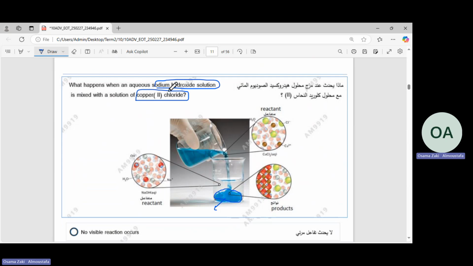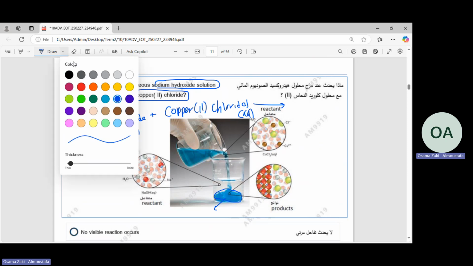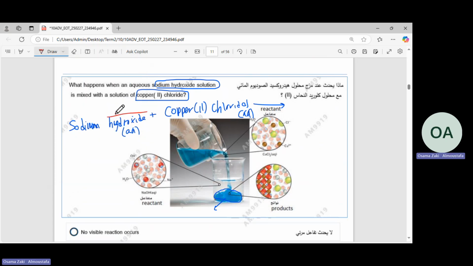As you see, we have sodium hydroxide and copper 2 chloride. And by the way, both of them are aqueous. This is a double replacement reaction, so we will swap hydroxide and chloride. We'll get sodium chloride and copper hydroxide.